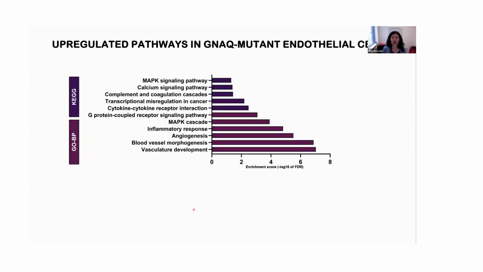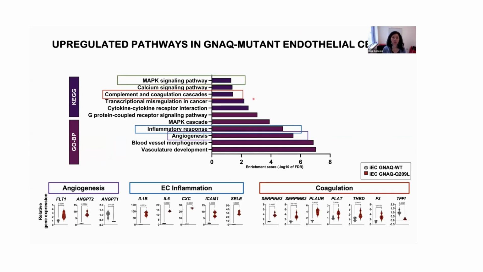The results from the RNA sequencing highlighted important pathways. And one of them was the MAP kinase signaling pathway, complement and coagulation cascade. Very interestingly, it's not highlighted here, but a good internal control, we also saw G protein-coupled receptor signaling pathway, inflammatory response, and angiogenesis.